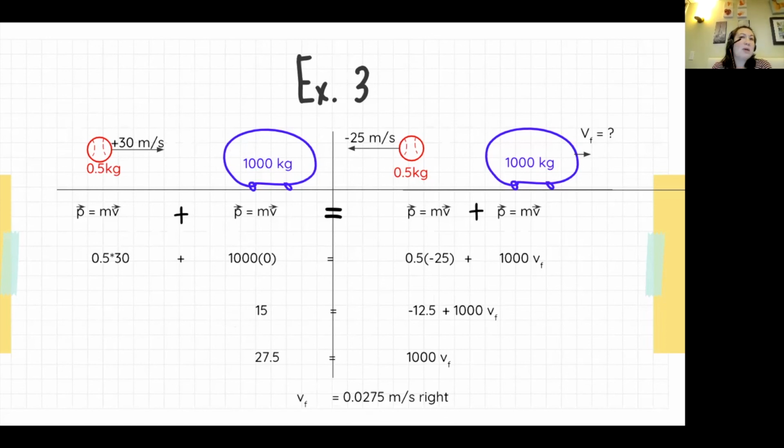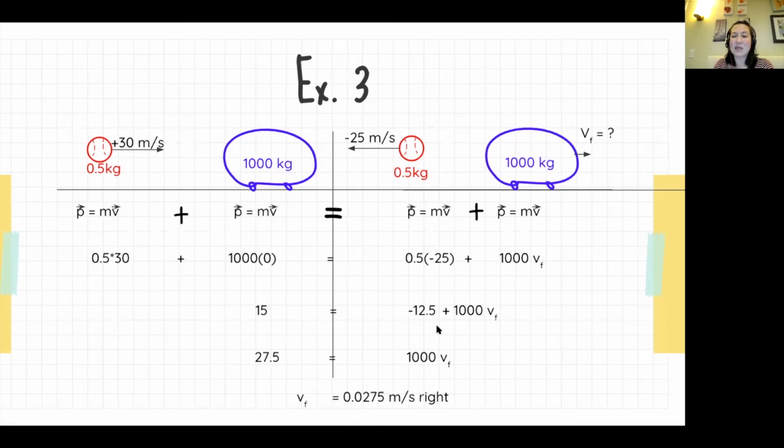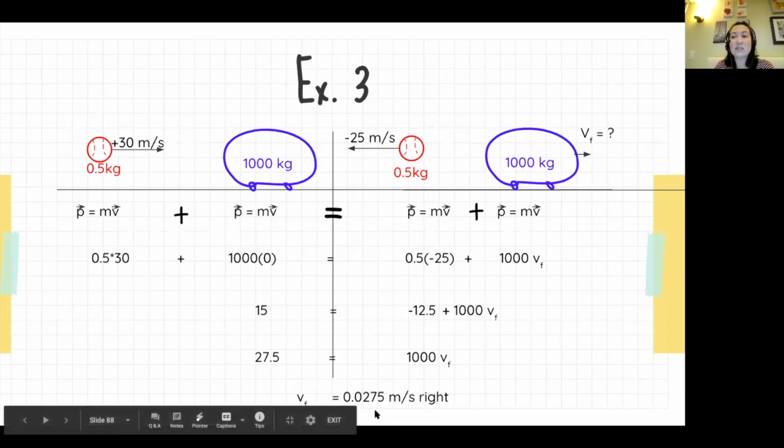But when the ball bounces backward, it actually has negative momentum. See that? When the ball bounces backward, it has negative momentum. So I actually need to add this negative 12.5 to the other side. And that means the velocity of the car is very, very slow.